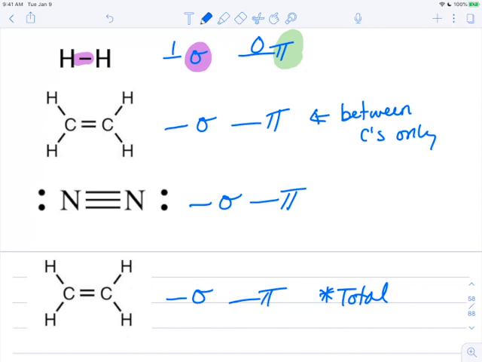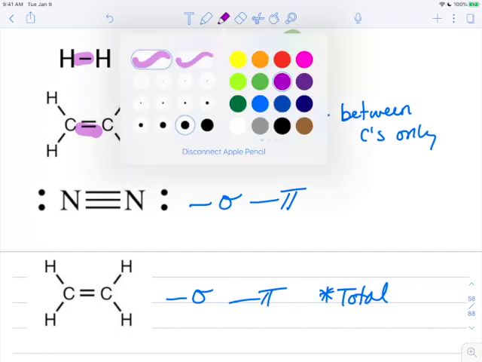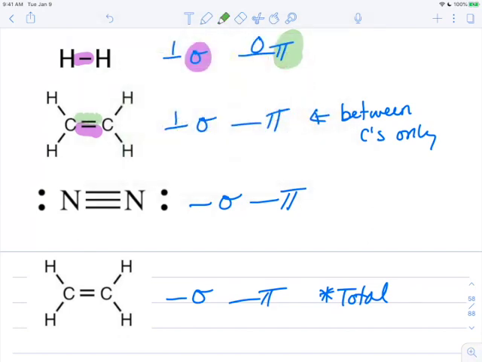All right, so next molecule, we're first going to look only between the carbons. And I'm going to say I have 1 sigma, 1 pi. So any questions on how we did that second one?